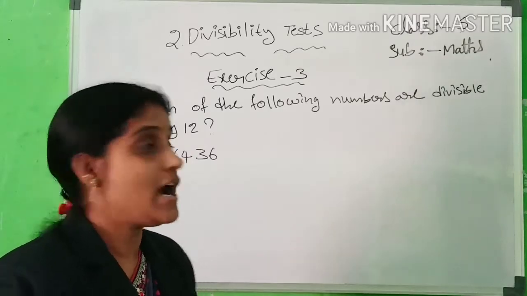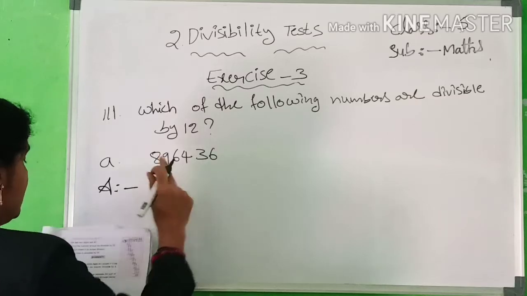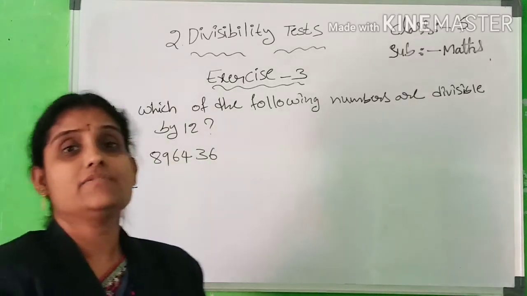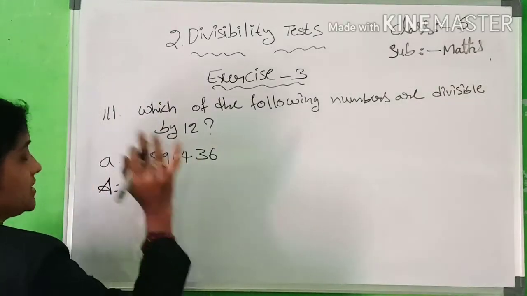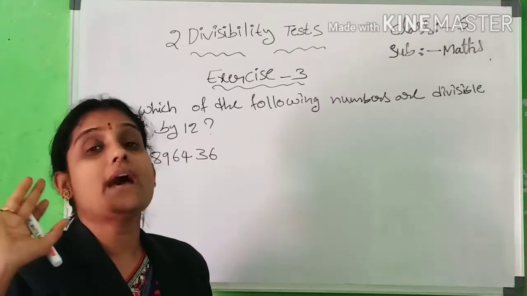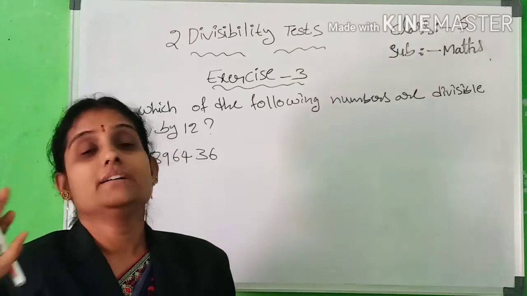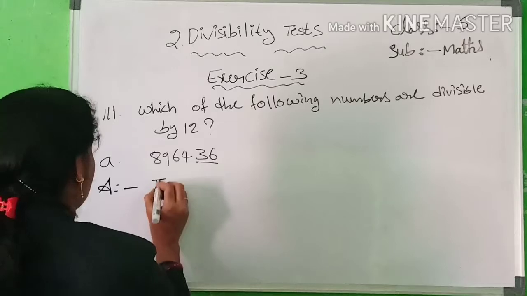Okay children, now write the answer. 8,96,436 is divisible by 12 or not? First we have to check the divisible by 4 rule. What is the divisible by 4 rule? We check the last two digits.